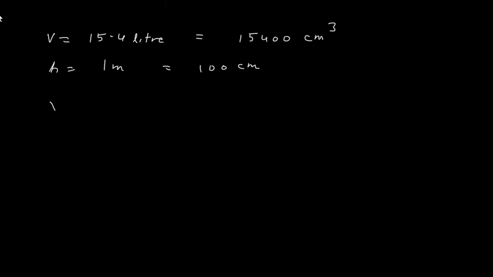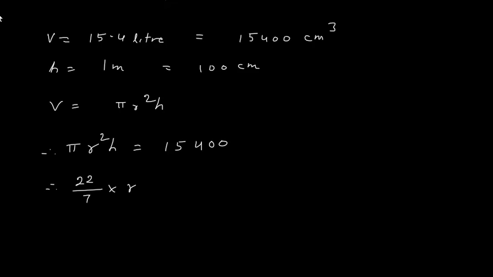Now volume is pi r square h. So therefore pi r square h will be equal to 15400. The value of pi is 22 upon 7 into r square, r is the radius, we don't know, into h, which is 100 centimeter.